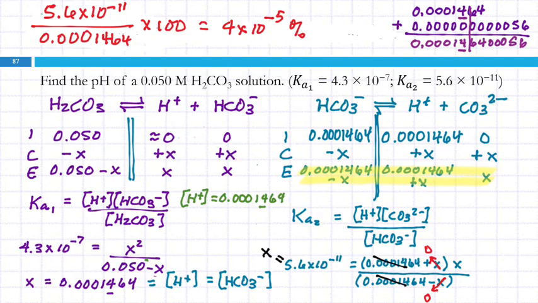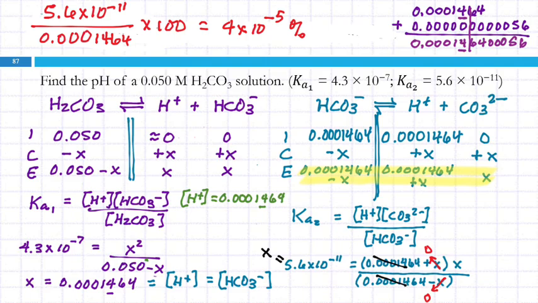So this is what the previous slide was saying. We can almost always ignore the second one. The second one has a much smaller equilibrium constant, and it's going to be inhibited because the hydrogen ions produced by the first one are going to make this shift towards the left. And so it's going to make even less than it would have otherwise. So this is just demonstrating you can ignore Ka2 if you're calculating the hydrogen ion concentration.